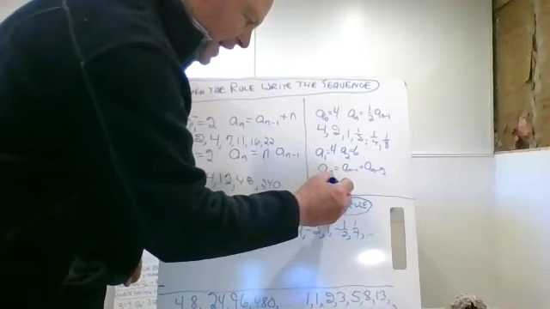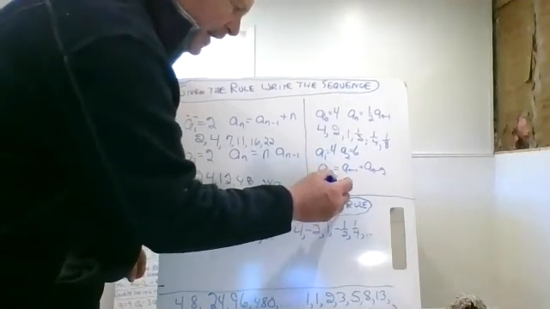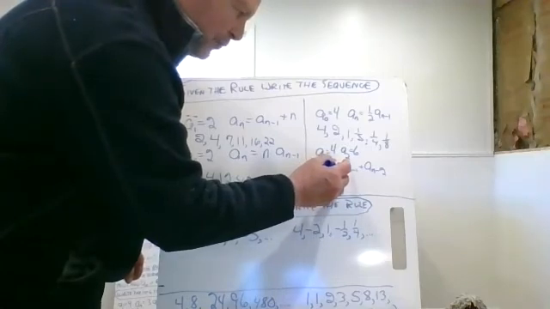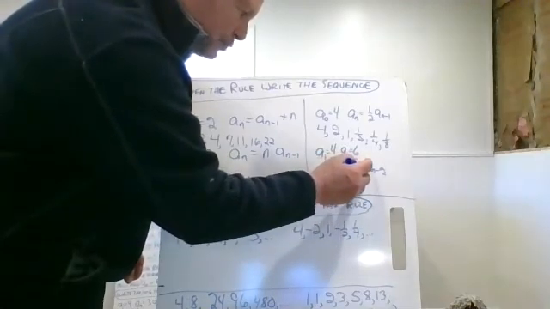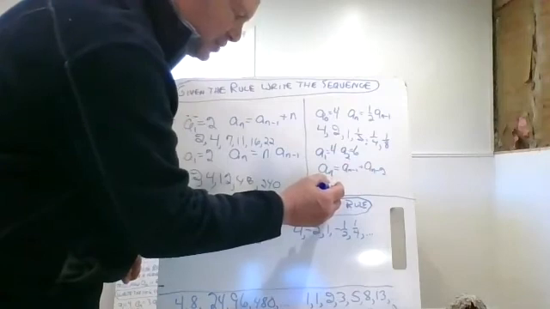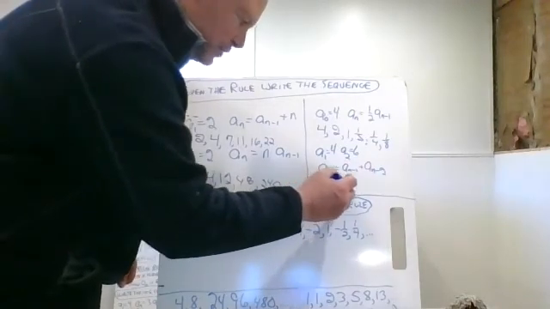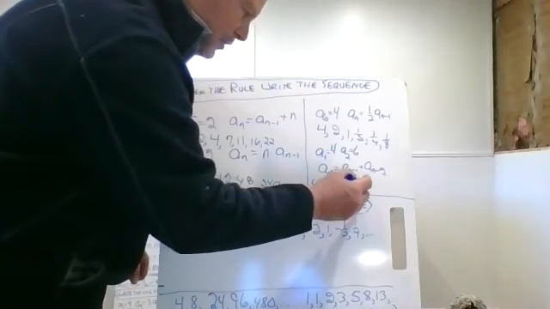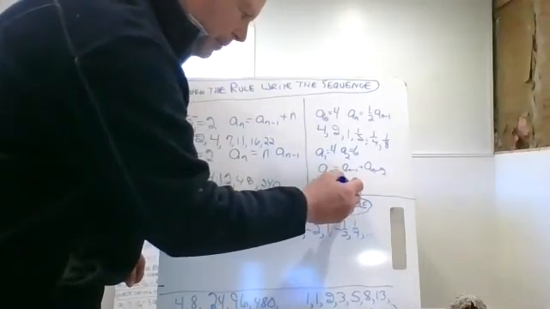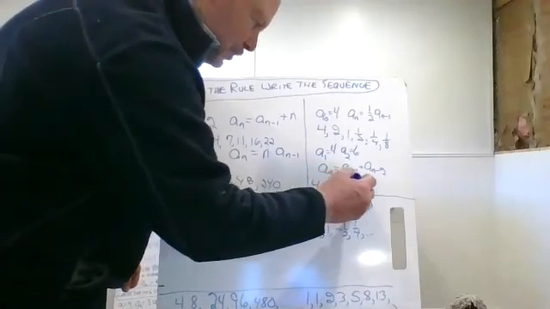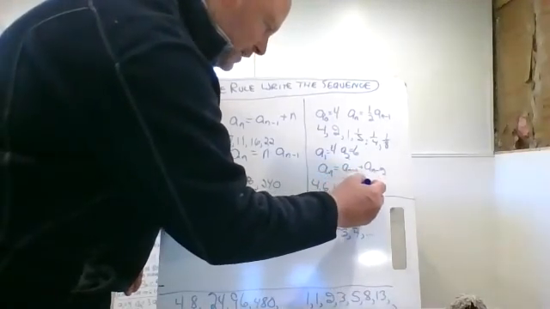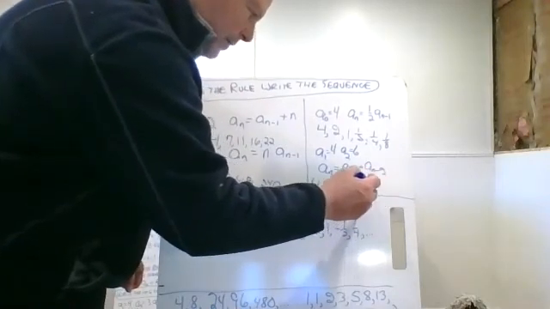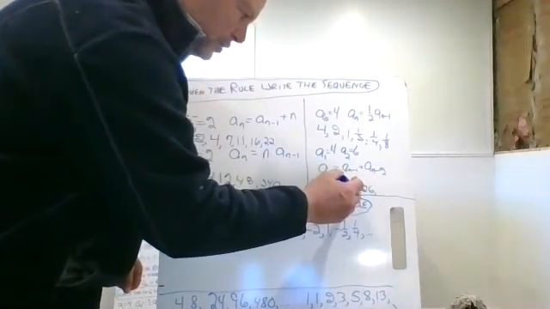It would be 10. And then a sub 4 is going to be a sub 3 plus a sub 2. It's the sum of the 2 previous terms, 16. Your next term is the sum of the 2 previous terms, 26. Your next term is the sum of the 2 previous terms.